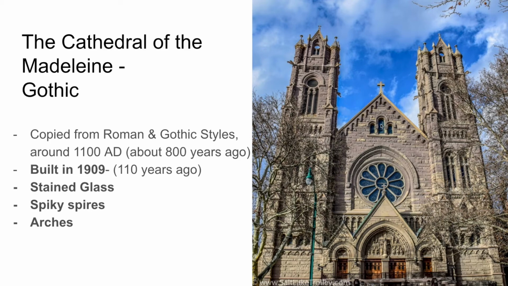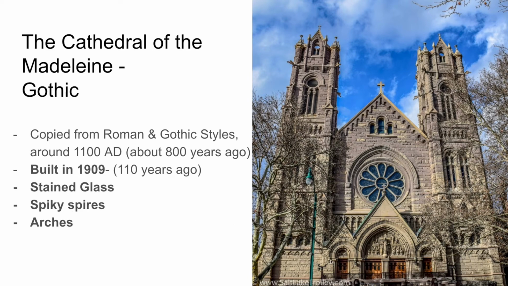Stained glass. Okay, so a lot of these windows have stained glass in them, and that's colored glass. The little segments are different colors and they make a picture. So there's pictures in the windows, especially this round stained glass window. It's called a rose window, and that's an important feature of a Gothic cathedral.